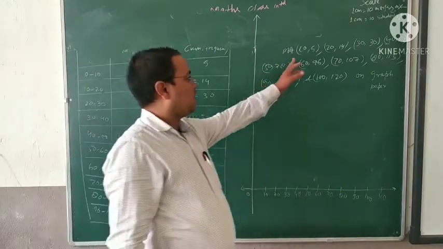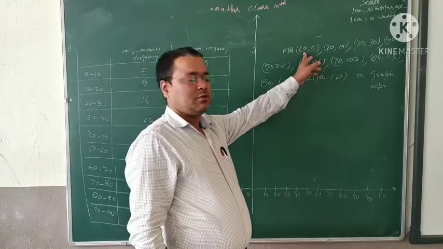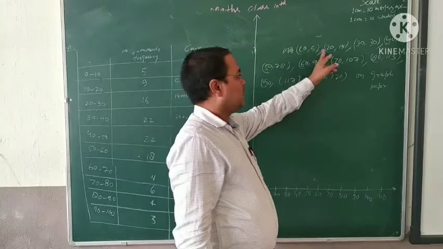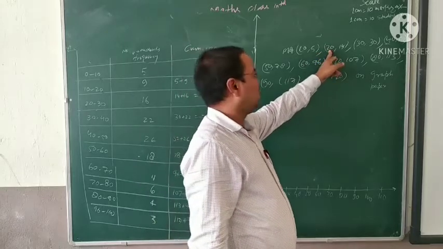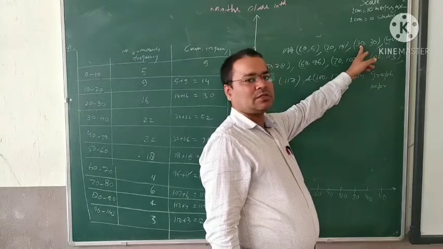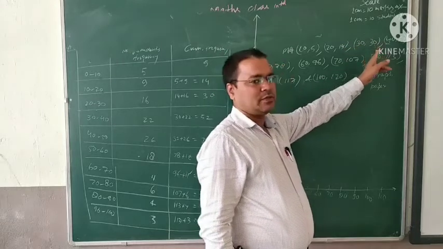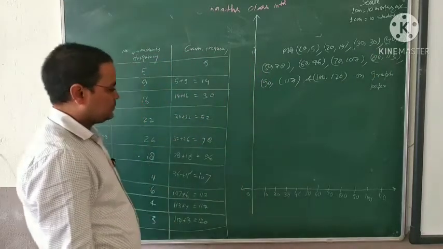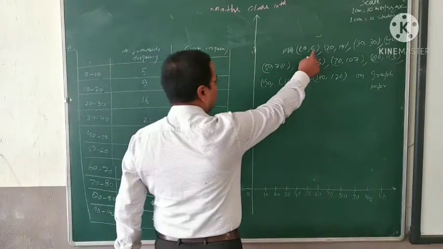And how do we plot? We take the upper limit of the first class interval against its corresponding cumulative frequency, then the upper limit of the second class interval against its cumulative frequency, and the third likewise. Now we plot. Here we have 10 and 5.